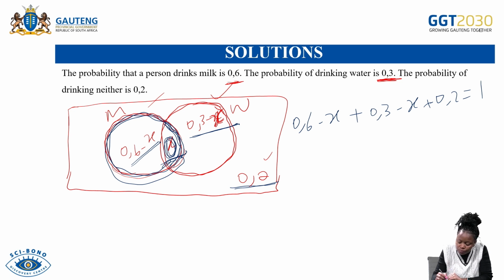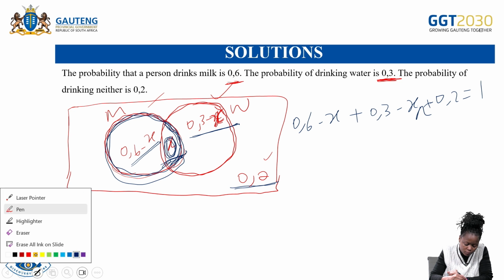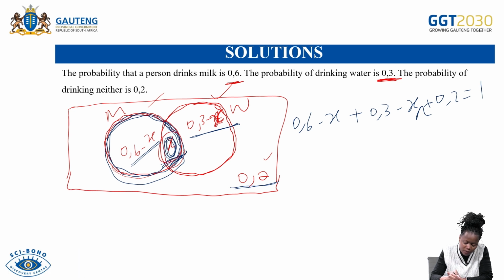So let's check nicely. I think I made a mistake somewhere. Yeah, I left out an X. So I said it's 0.6 minus x plus 0.3 minus x, plus the x. I forgot this x, the one of the intersection. So you say plus the x. Okay, so let's add everything.